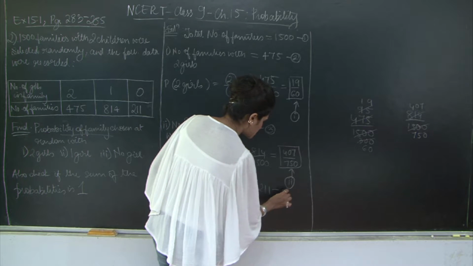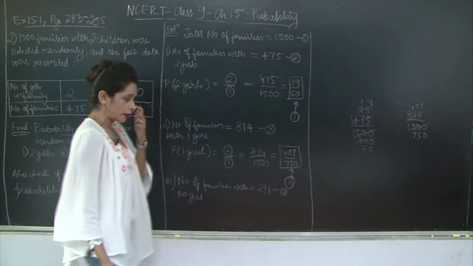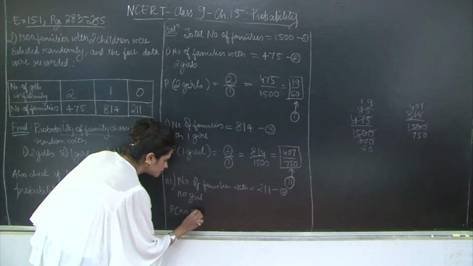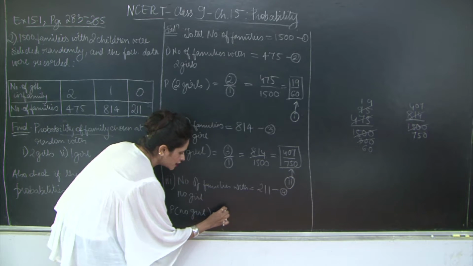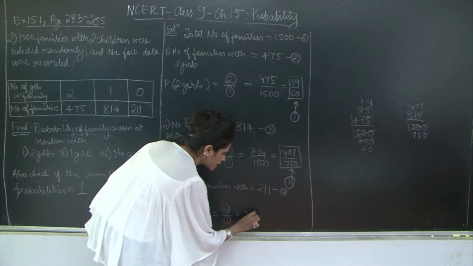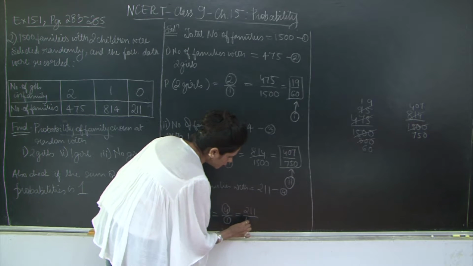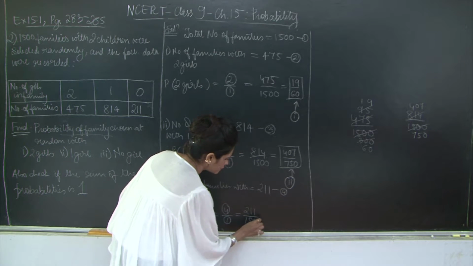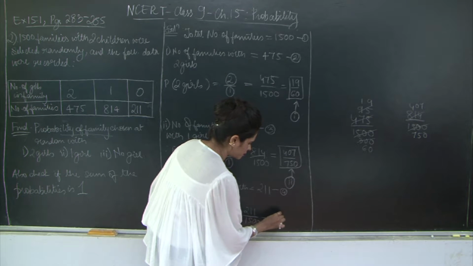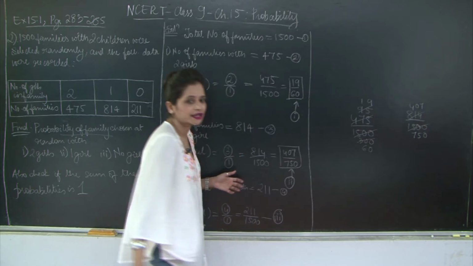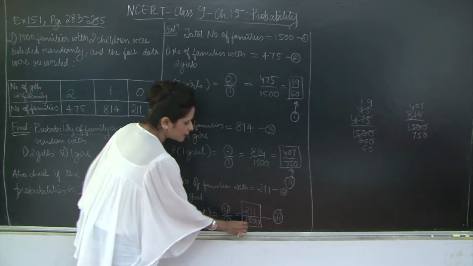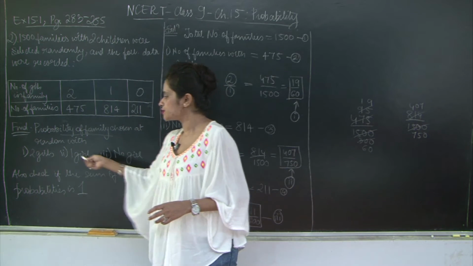Let's mark this as 4. Therefore, the probability of no girl is going to be equation 4 divided by equation 1, which is 211 upon 1500. Let's mark this as 3 because we cannot really cancel it further. So these are the answers to your sub questions 1, 2 and 3.